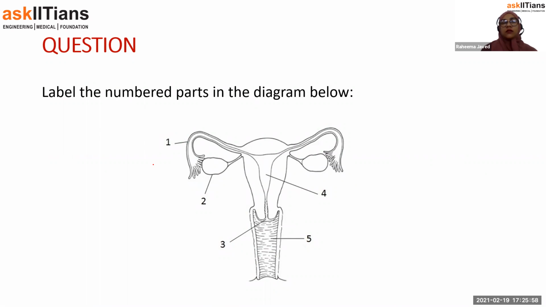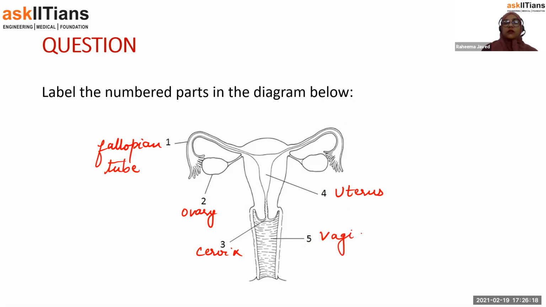Okay, so I think you people have understood. First part is fallopian tube. Second part here is ovary. Third is cervix. Fourth, uterus. Fifth, vagina. Which I again said are the most important parts of the female reproductive system.